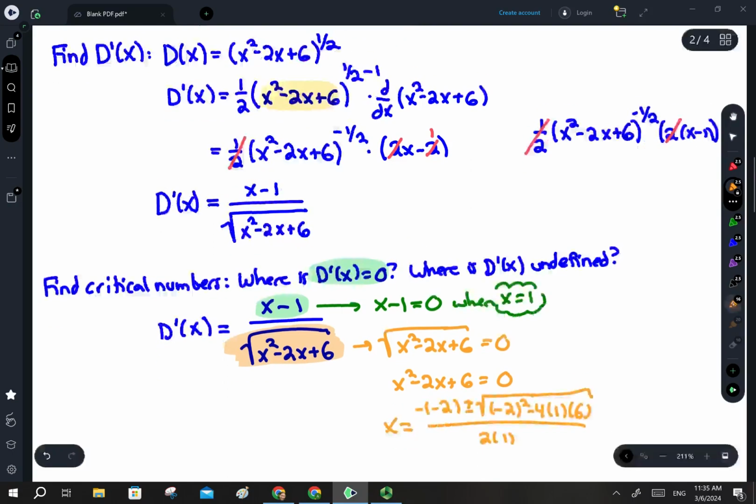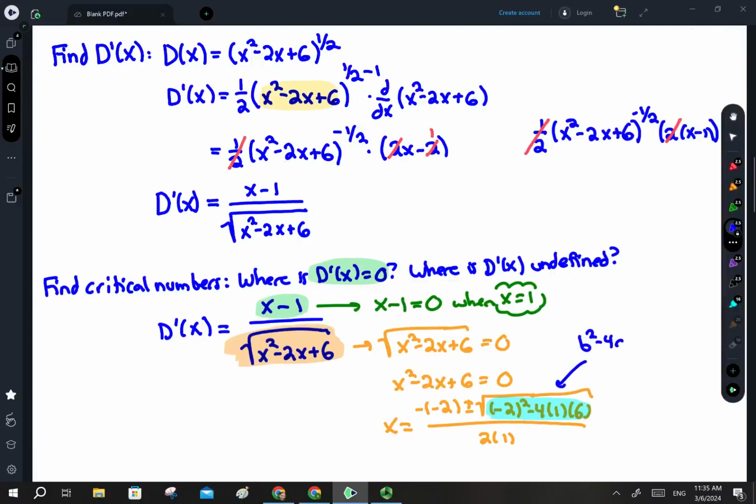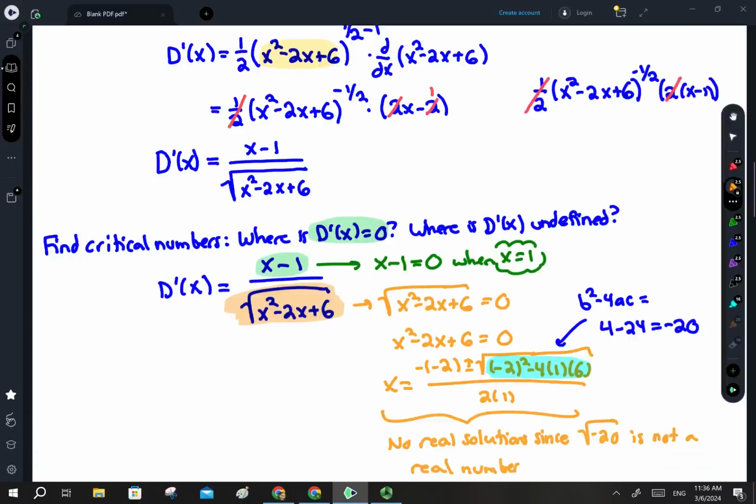But when I do, I notice pretty quickly that the expression underneath the square root, the b squared minus 4ac given by the quadratic formula, also known as the discriminant, is equal to 4 minus 24, which is negative. So if I end up with a negative underneath the square root, that means that there are no real solutions to this.